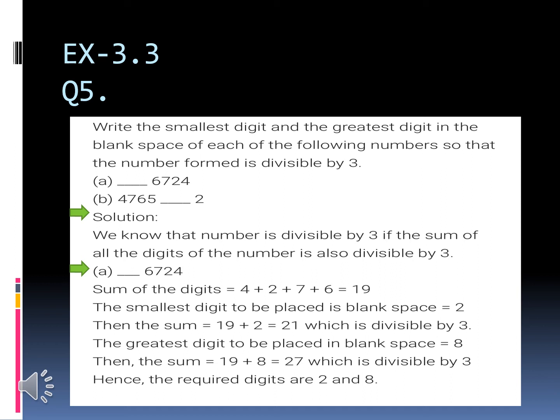So by this trial method, I find out that 8 is the greatest digit that can be placed in the blank. The sum, that is 19 plus 8, is 27, which is divisible by 3, right? So this is how we have found the smallest and the greatest digit that can be put in the blank for making the number divisible by 3. So the required digits are 2 and 8.